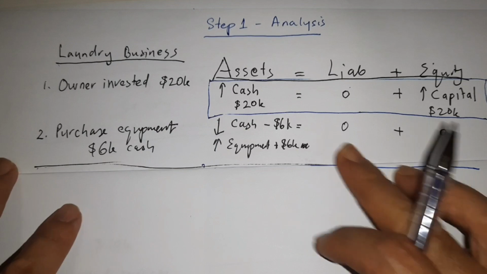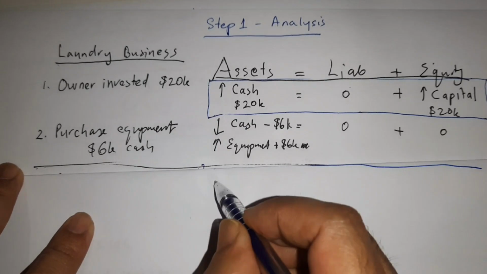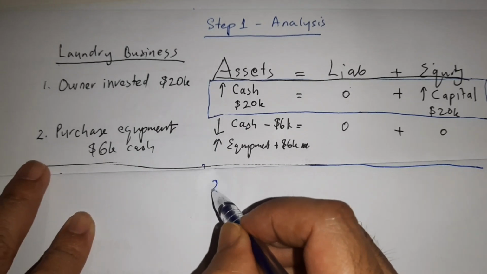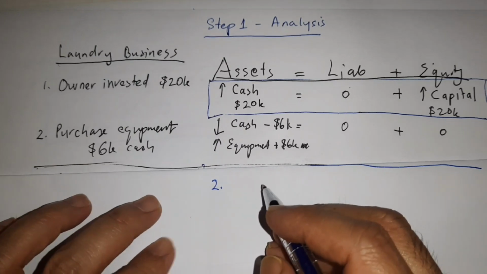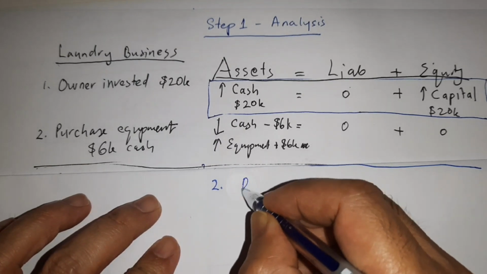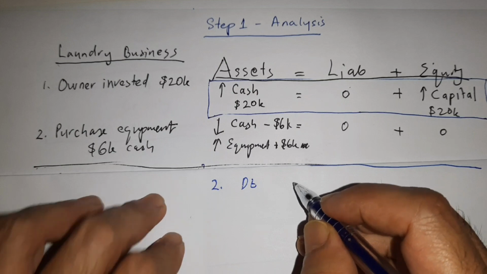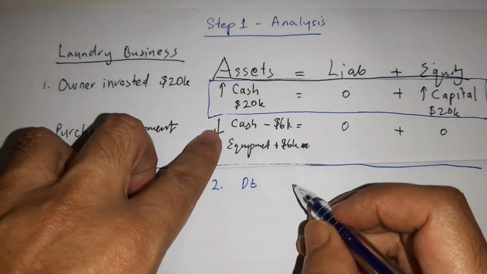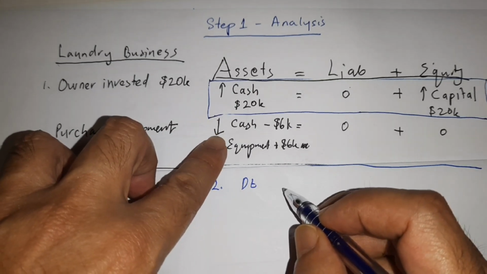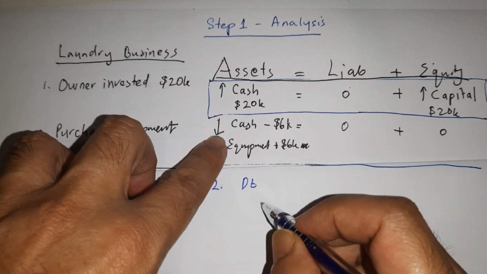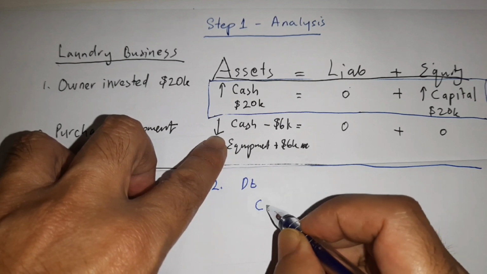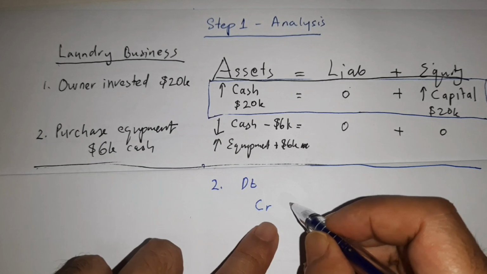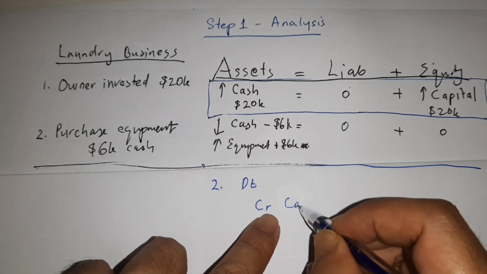So now we record this in the journal. The date is, here we use 2, and then the account that you have to debit is, let's say, asset decrease. You have to debit or credit? Asset cash decrease, you have to credit the account cash. So credit account cash.